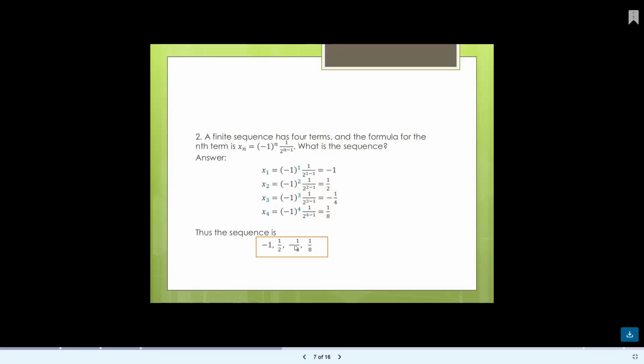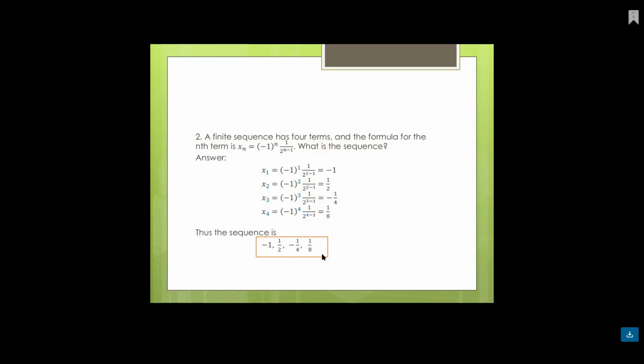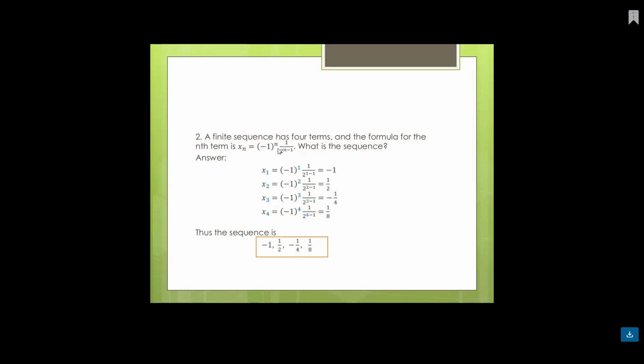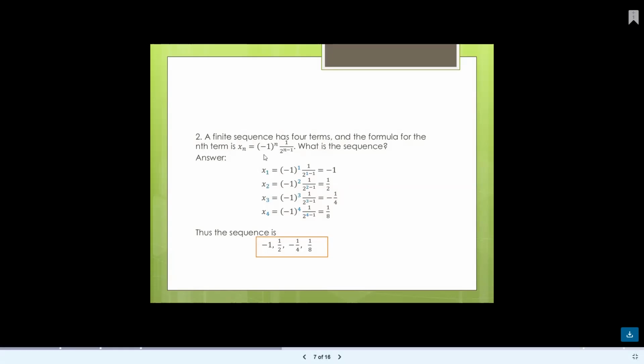Negative, positive, negative, positive. And a lot of those you'll see like this, -1 to the n power, because when the power is even, you get a positive, and when it's odd, you get a negative, right? Lots of the oscillating sequences will behave that way.